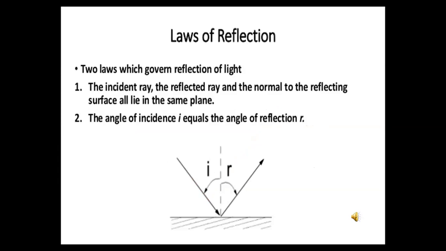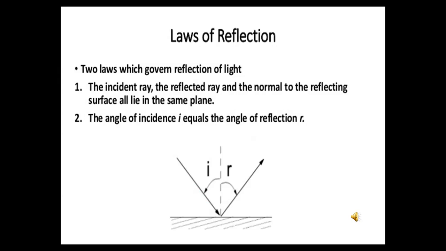Laws of reflection. Two laws govern the reflection of light. First, the incident ray, the reflected ray, and the normal to the reflecting surface all lie in the same plane. Second, the angle of incidence i equals the angle of reflection r.